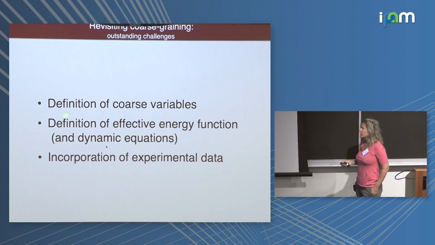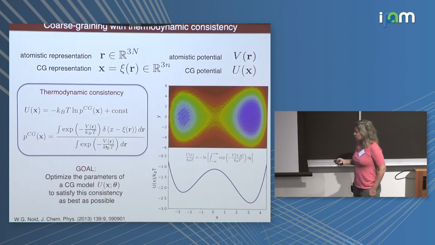We want to define some renormalization into an effective energy function, and this would be the top-down approach using experimental data, and ideally we would like to combine all of these. Mostly I'm going to tell you about the second point and the third point too today.